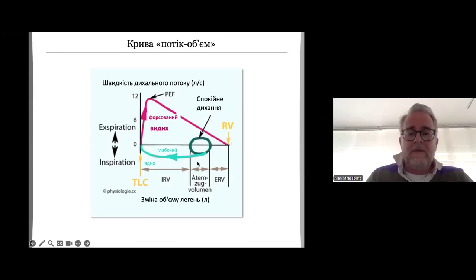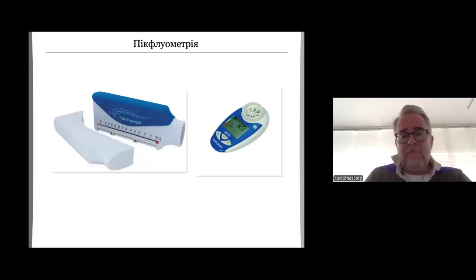And this peak expiration flow, you can actually measure with these simple devices, which we call peak flow meters in Germany. You can either use a device which is really cheap to get without any electricity, or you can use a digital device. You can even now get devices which are connected to your mobile phone.